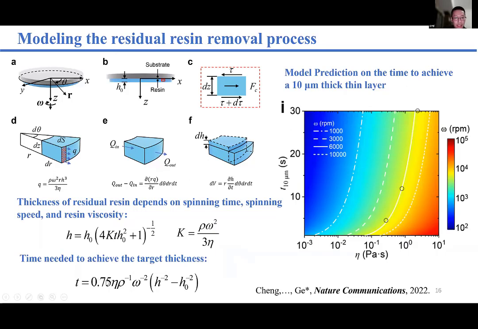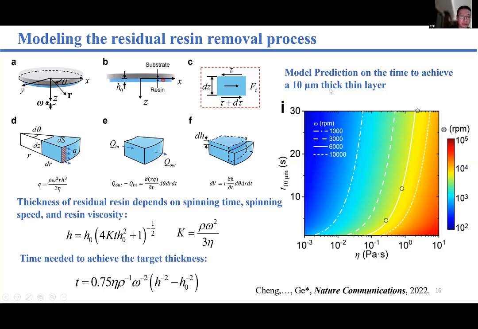We build the relation showing, for example, if we need to reduce the residual resin layer to 10 microns, how to change the spin time or the spin speed. Then we build a design map, which tells us the different viscosity and the different spin time for the different materials.